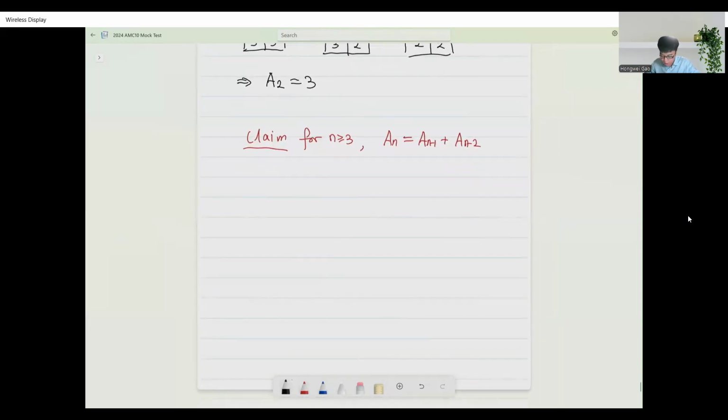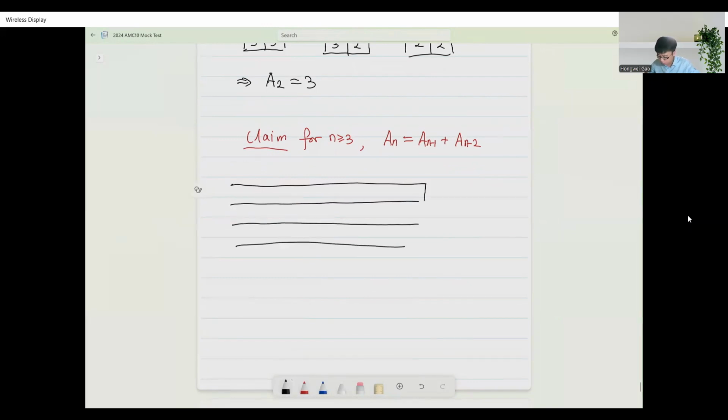Now, for the n-year case, we have this long schedule. Let's look at the last year or last few years. This is year N. We know there's one box with one. It depends on N. One can be on the top, can be on the middle, can be on the bottom. But for each case, the discussion is similar.